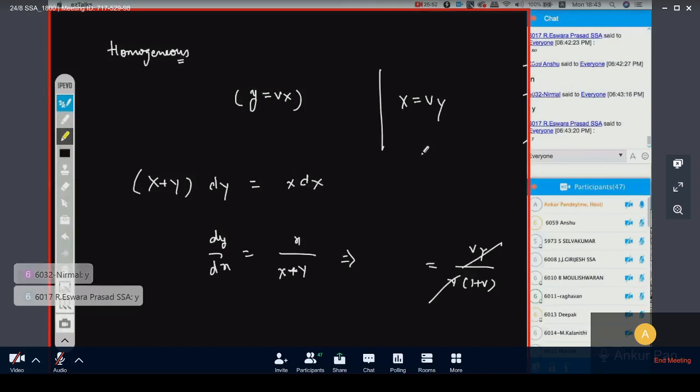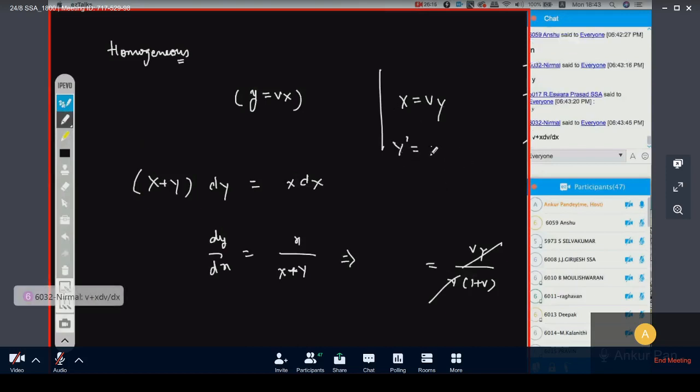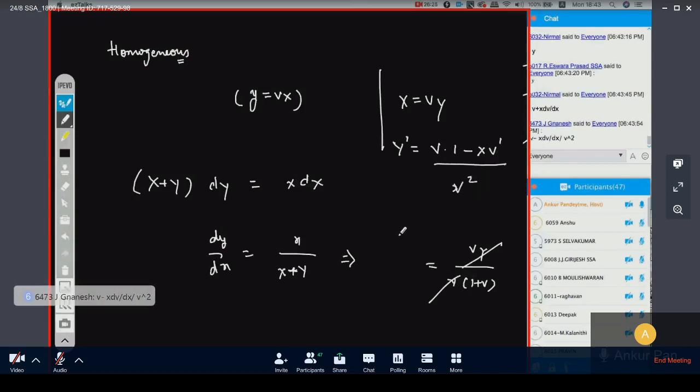Calculate and put it here. What will you get? Look, y dash is equal to the denominator as it is times the differentiation of the numerator minus the numerator as it is times the differentiation of the denominator, whole divided by the square of the denominator, right or not?